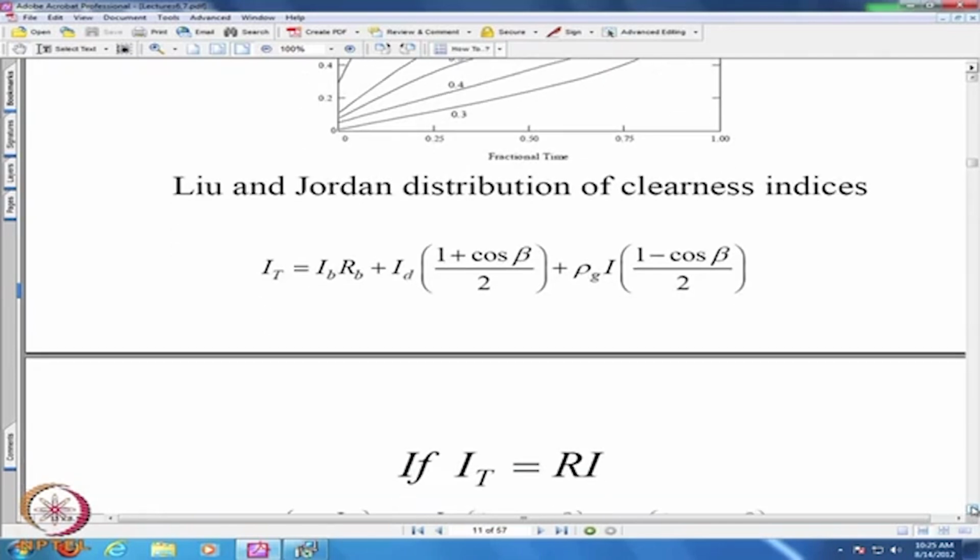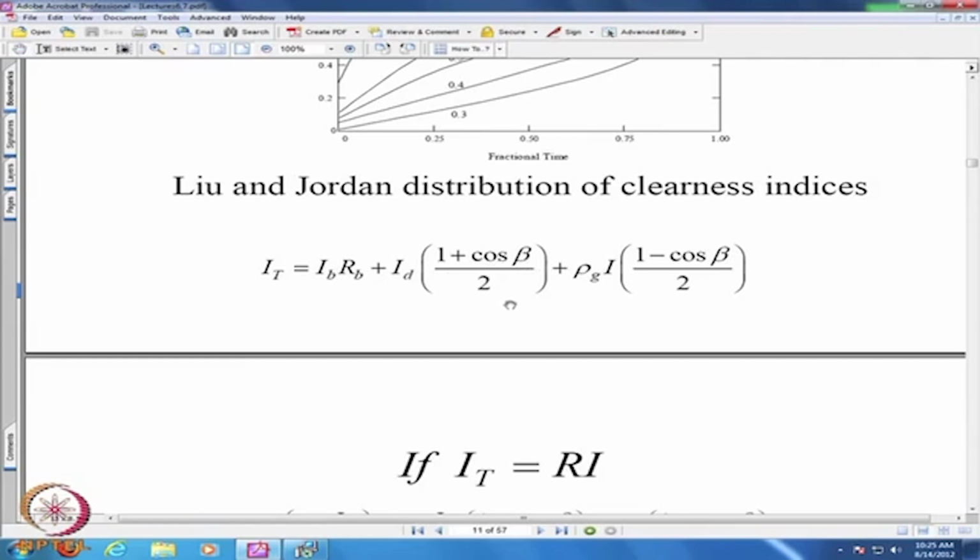The factor (1 plus cos beta) by 2 is arrived at if you assume the sky diffuse radiation to be isotropic. It will be the sectoral part that is intercepted by the tilted surface with a slope beta. You can see if beta is set equal to 0, it will be (1 plus 1) by 2 equal to 1.